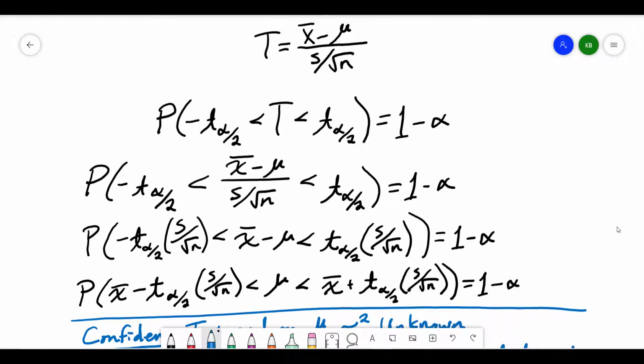As we do that, then we progress through and we get to the point where we have this idea that the probability that the sample mean minus this t sub alpha divided by 2 value times the sample standard deviation divided by the square root of the size of the sample is less than the population mean is less than the sample mean plus that t sub alpha divided by 2 value times the sample standard deviation divided by the square root of the sample size.